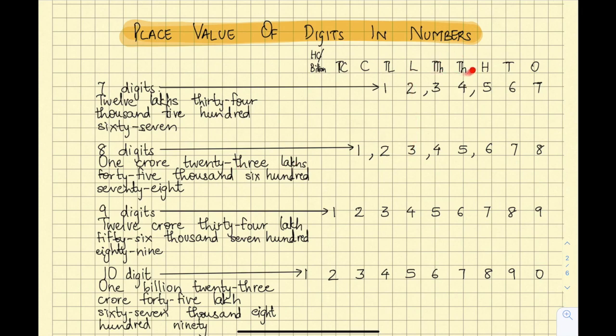Then in place of thousands we have 4, 5, so 45,000. Then lastly we have 6 in place of hundreds, 7 in place of tens and 8 in place of ones, so 678.